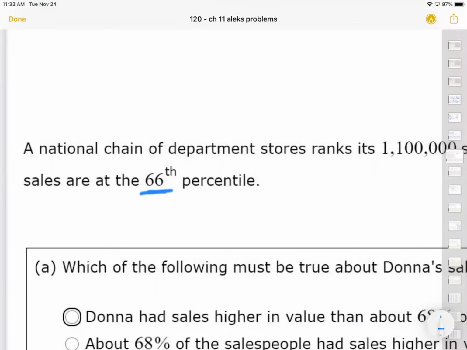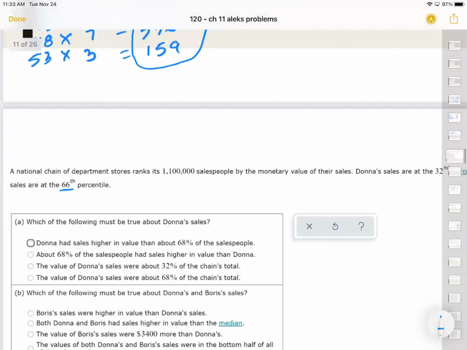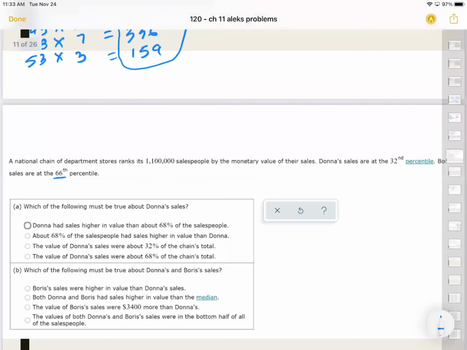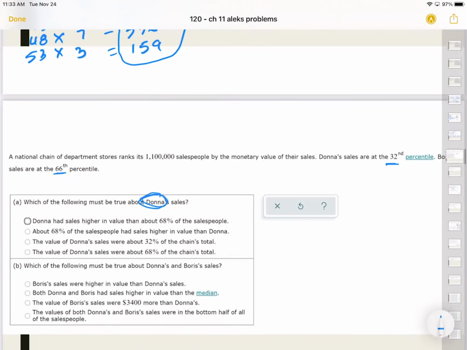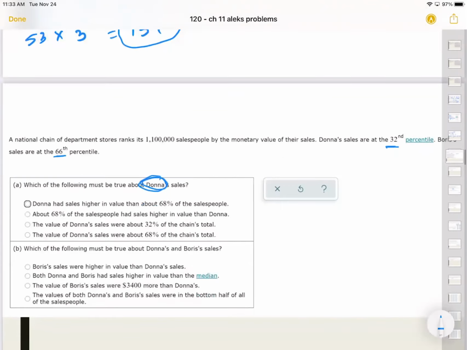So the two percentiles they give us are Donna at the 32nd and Boris at the 66th. What they ask you is, which of the following are true about Donna? Is Donna's sales higher in value than 68% of the salespersons? What does the percentile represent? Reminder, the percentile is what position you are at.